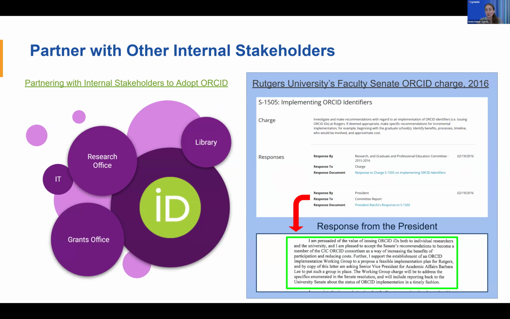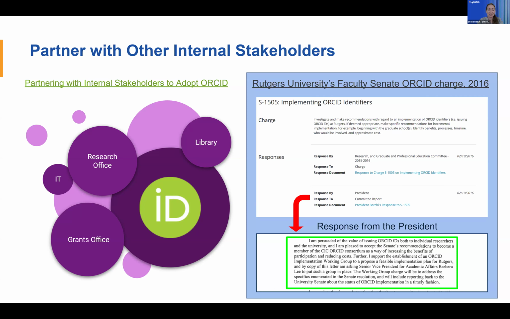The more internal partnerships, especially between the libraries and the research office, that can take place between internal stakeholders, the more strategic and beneficial your ORCID adoption can be for researchers, staff, and the organization as a whole. And we have a general guide for how to get started partnering with other stakeholders at your organization to adopt ORCID in that more strategic way and get those conversations going.